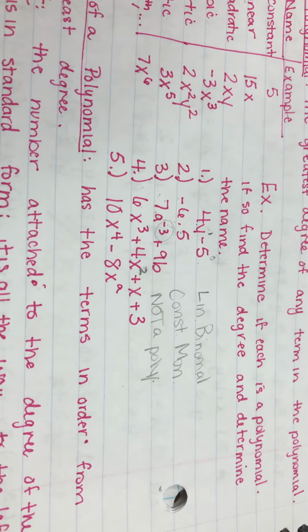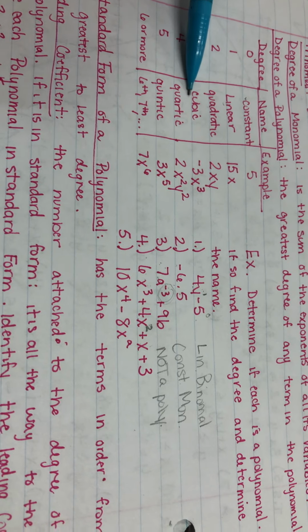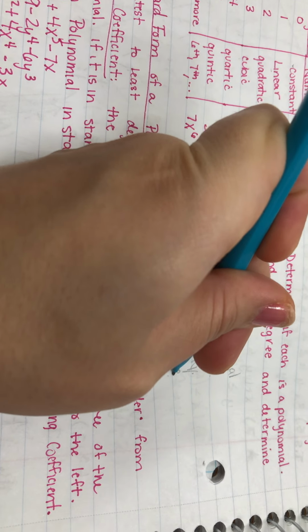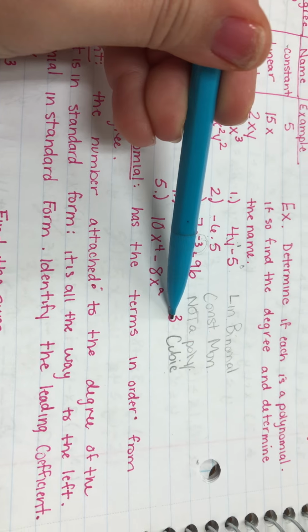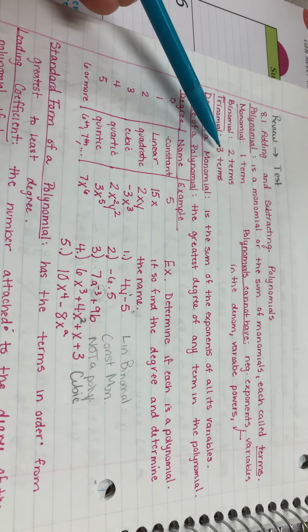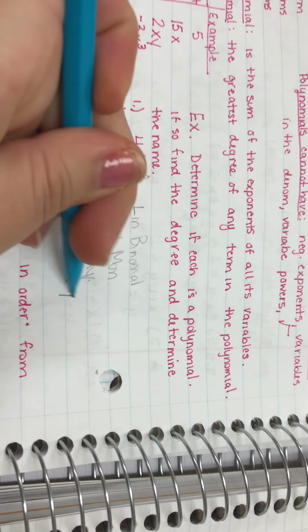What's the biggest degree we have? It's 3. What's the word we use for 3? Cubic. So I'm going to write the word cubic. And then how many terms does it have? 4 terms. So we didn't have something for 4 terms. So if we don't have a word for 4 terms, what do we call it? We call it polynomial.